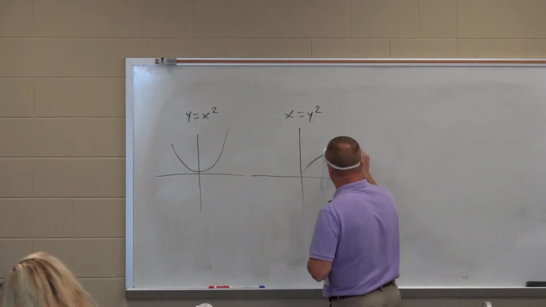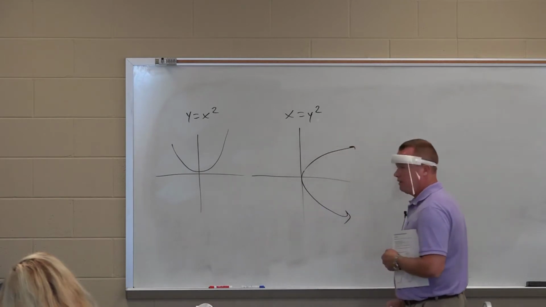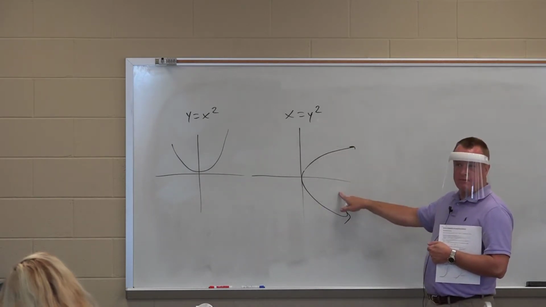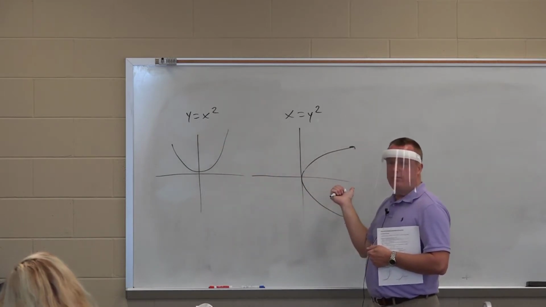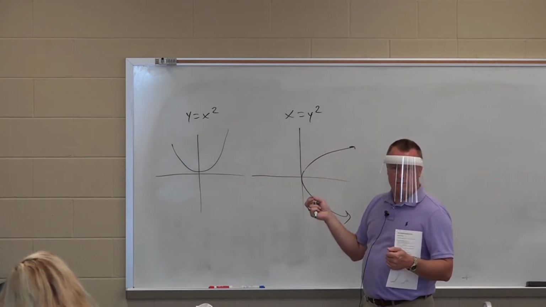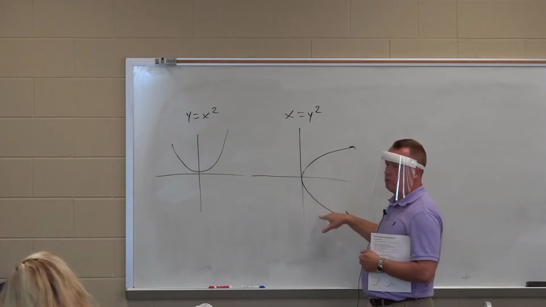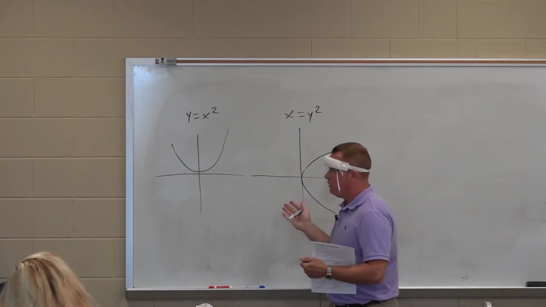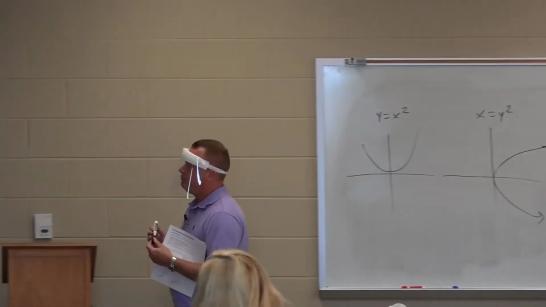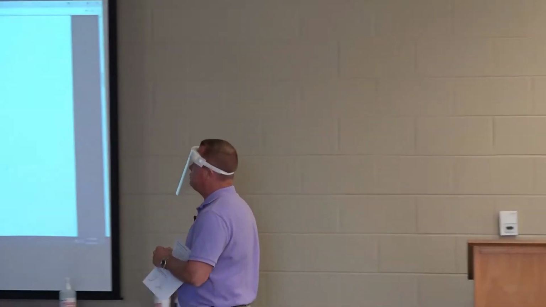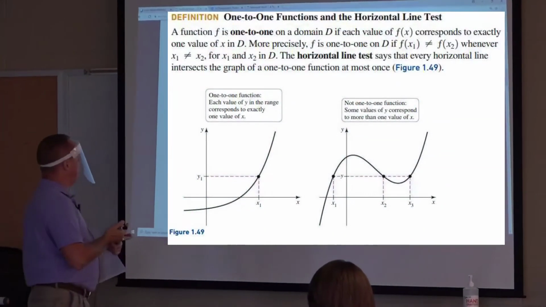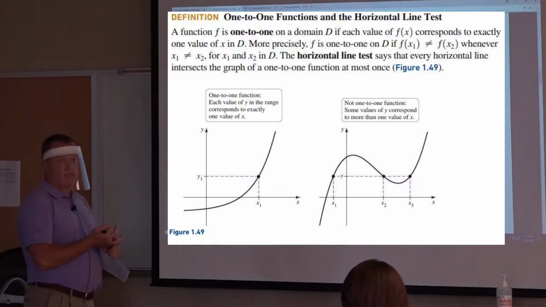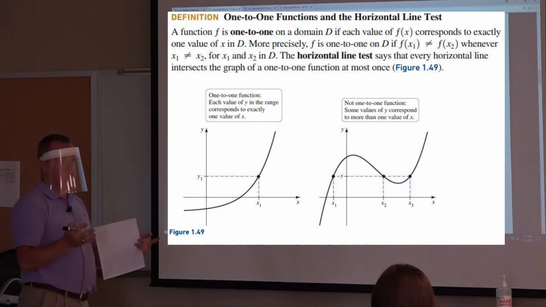So you'd have like this, like that. All right. Is this a function? No. This has an inverse, this would be the inverse of it, but it's not an inverse function because every x got to pair with only one y. So a one-to-one function is just one where every x is paired with only one y and every y is paired with only one x. All right. So it has an inverse function.